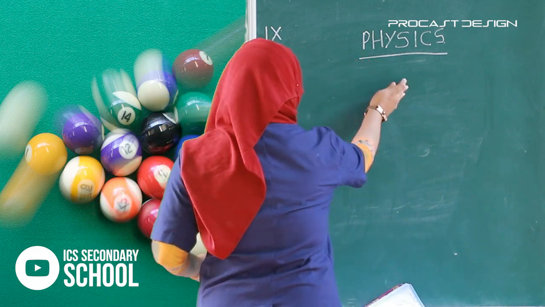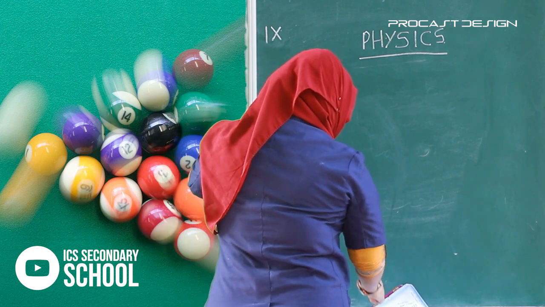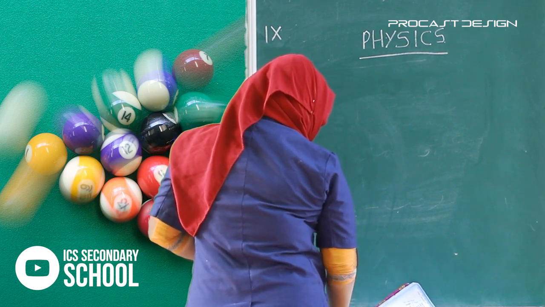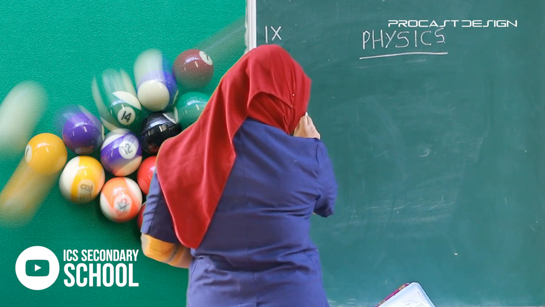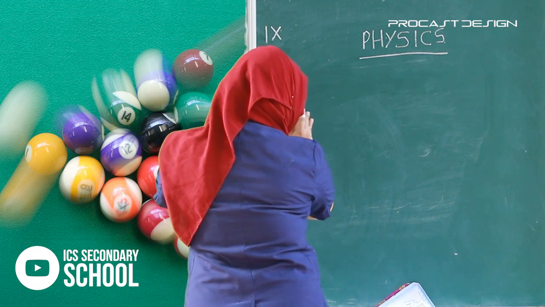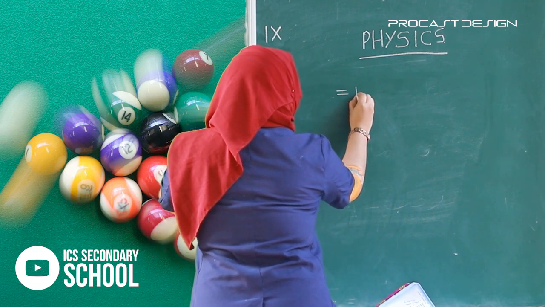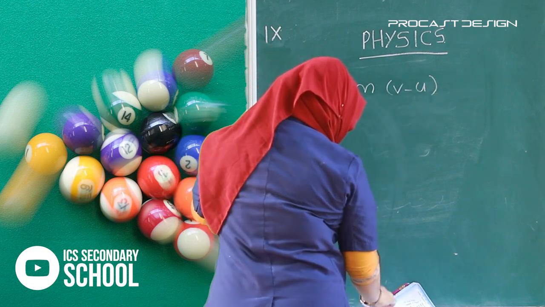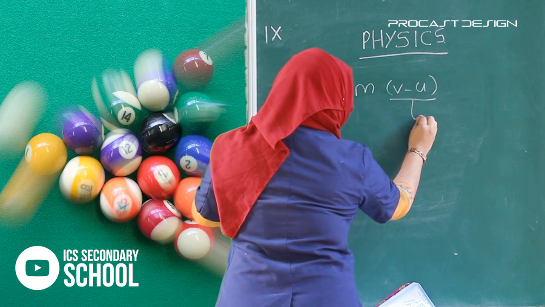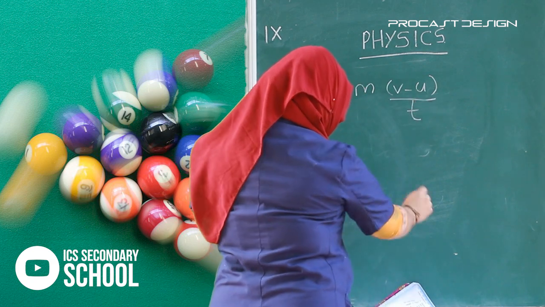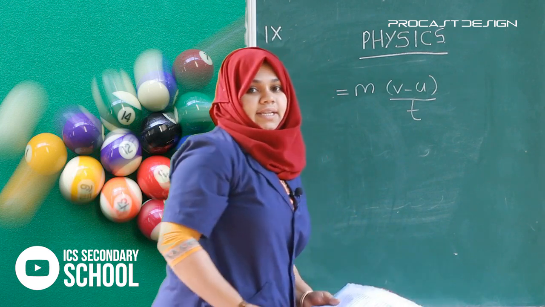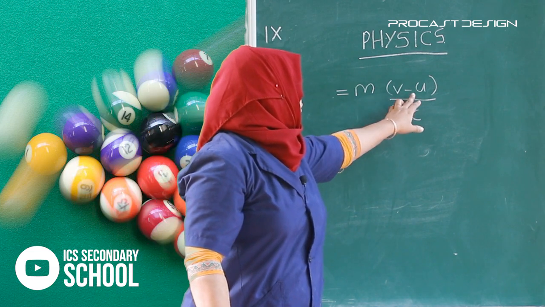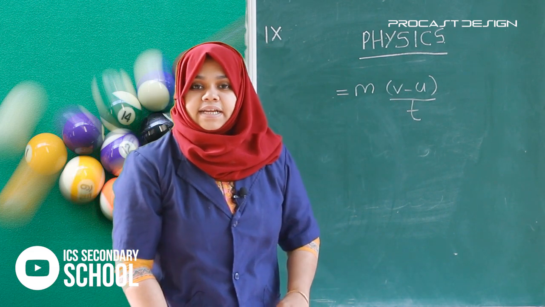We know that momentum is m into v. If the velocity of a moving body changes from u to v when a force F is applied for t seconds, then the rate of change of momentum of the body is equal to m into (v minus u) divided by t.